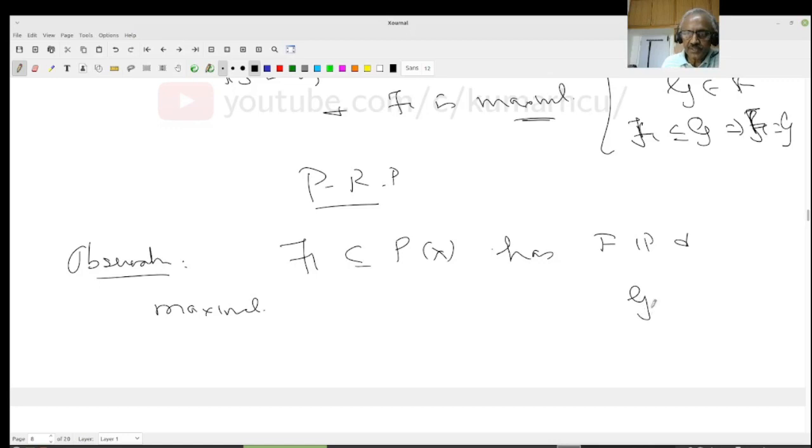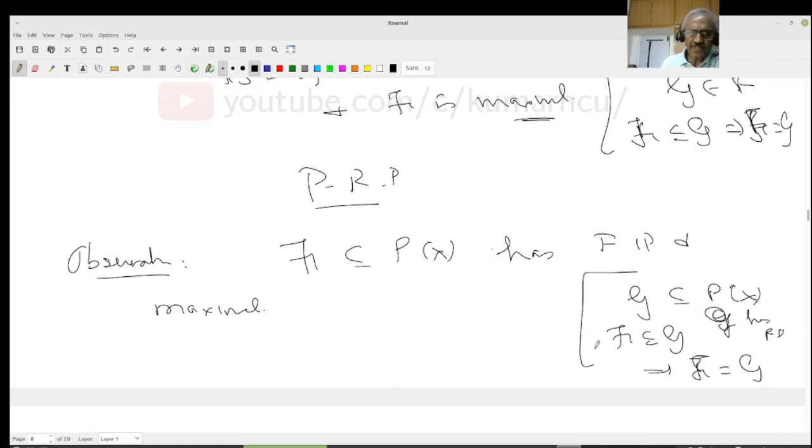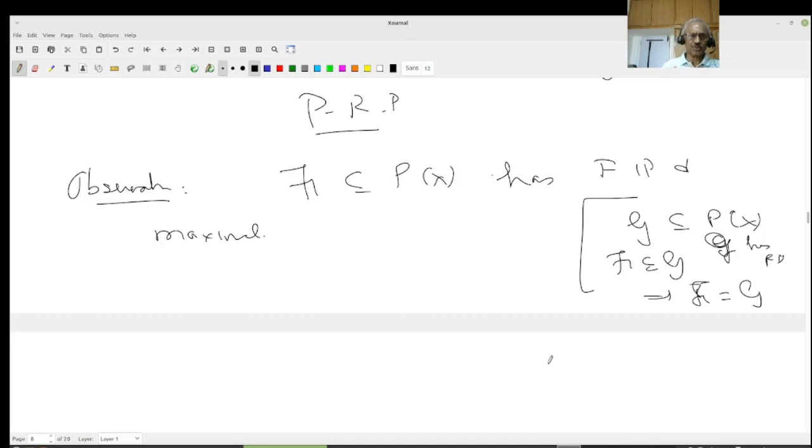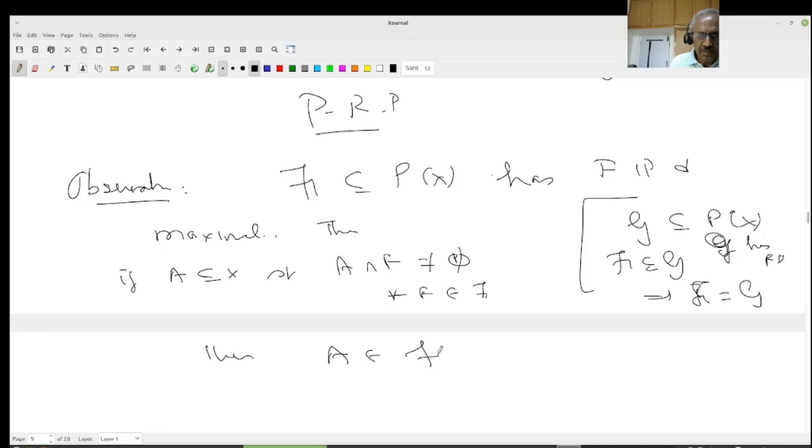That is, if G is any subset of P(X), F is contained in G and G has FIP, that implies F equals G. I'm just repeating so that you get used to that, because students have problems with maximality. Then, if A is a subset of X so that A intersection F is not empty for every F in script F, then A itself is in script F.